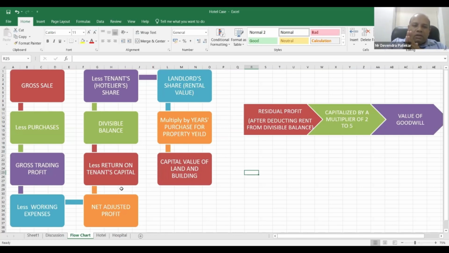So let's say, for an example, I have a profit of 5 crore rupees in the first year upon giving my rooms on rental, and upon having the business in the hotel.